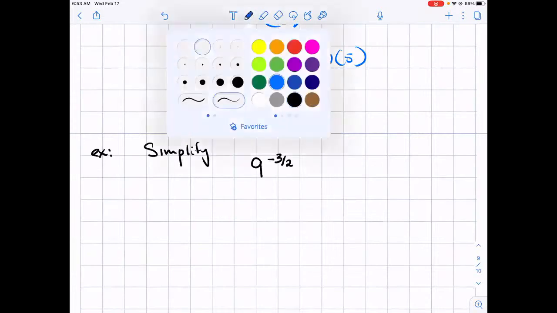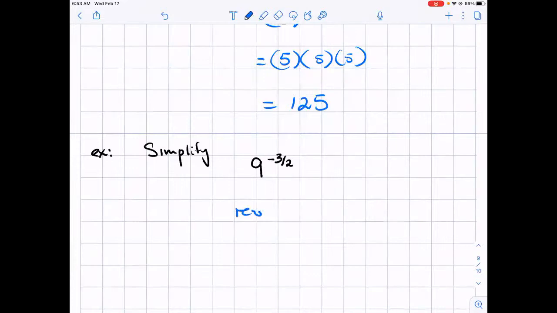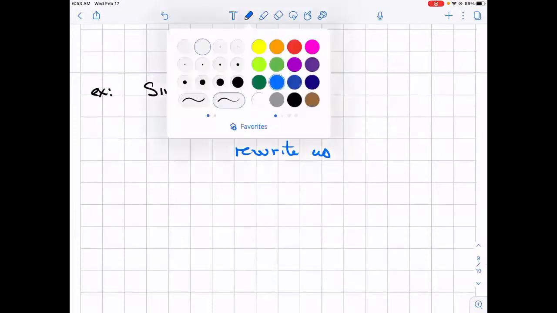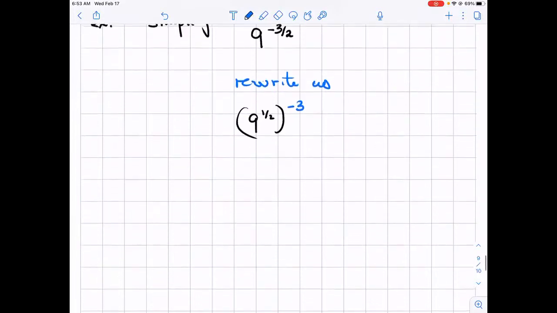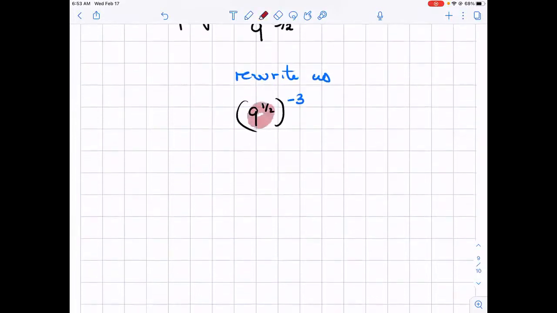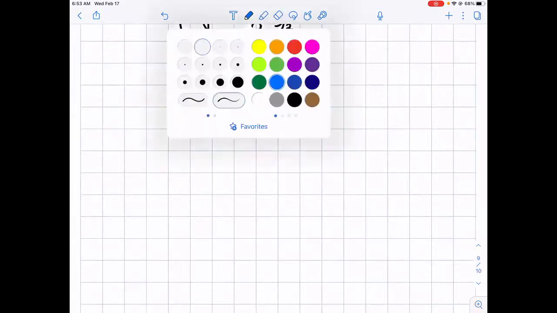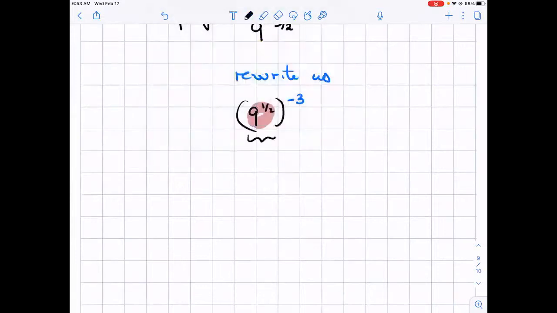So I can still rewrite this as 9, the denominator is a 2, so this becomes 1/2, and then I have a minus 3 power on the outside. We know that 1/2 power is the same as square root. So this portion here is 3. And then we raise that to the minus 3 power.